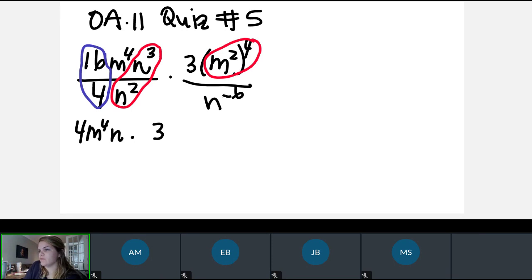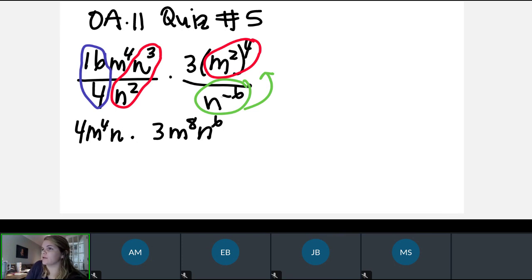So I would still have my 3, then I'm going to get m to the 8th. And then I need to deal with this negative 6. Negative exponents, we just move them to the top of the fraction if they're on the bottom. So I'm going to move it up here, so now it becomes positive n to the 6th.